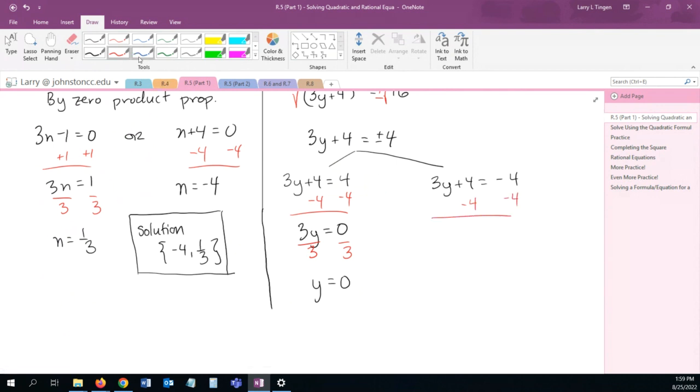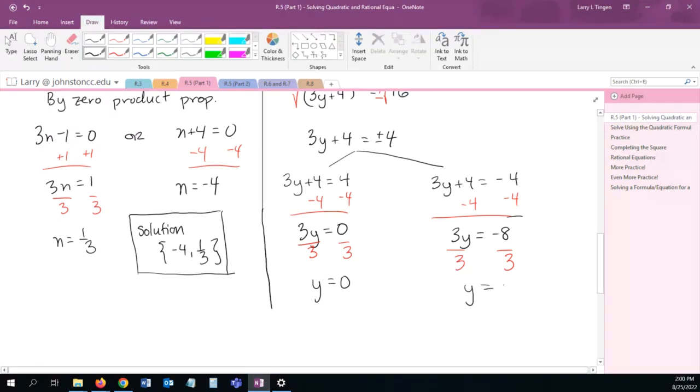If you're trying to knock that rust off solving linear equations, I want to get y by itself. That means everything that has a y to one side, everything without to the other. 4 minus 4 is 0. Negative 4 minus 4 more is negative 8. Everything with the y is on the left, everything without is on the right. Now I just need y to be completely by itself. Divide both sides by whatever the coefficient of y is.